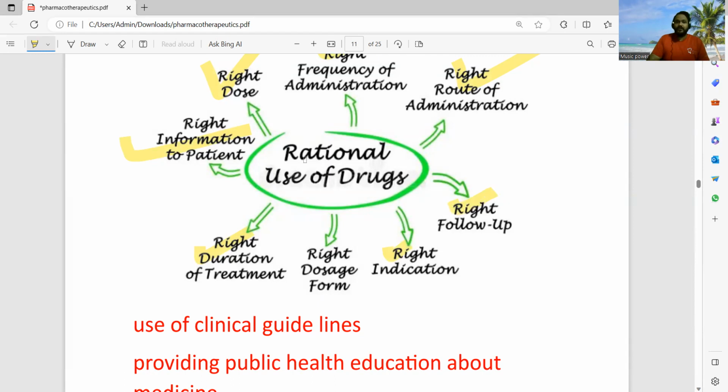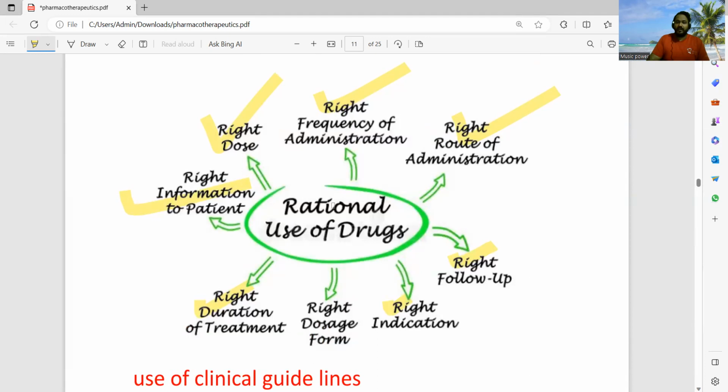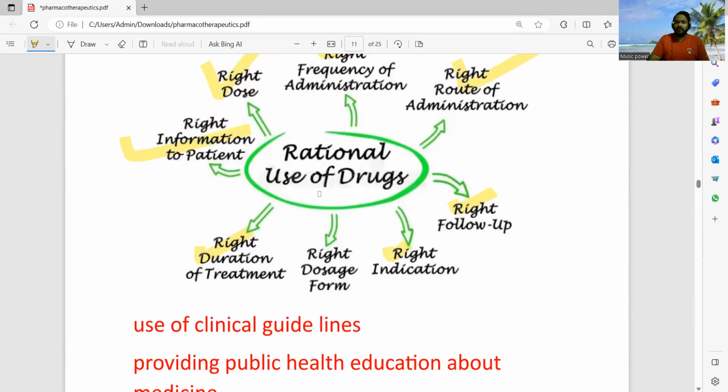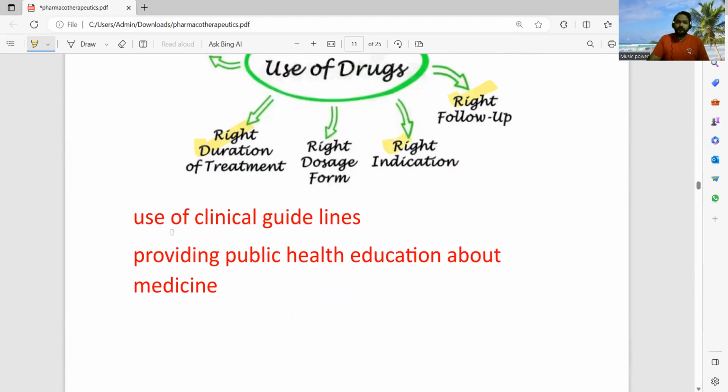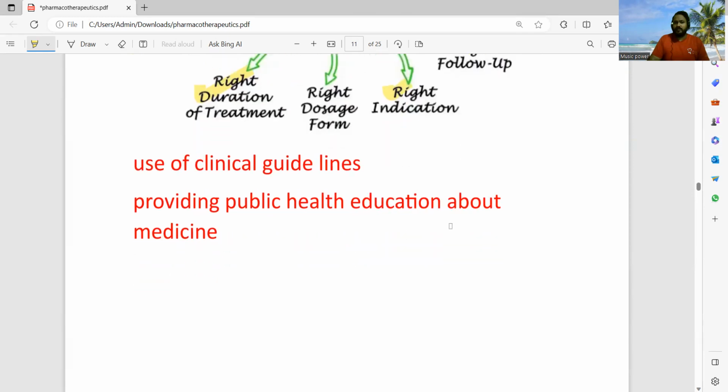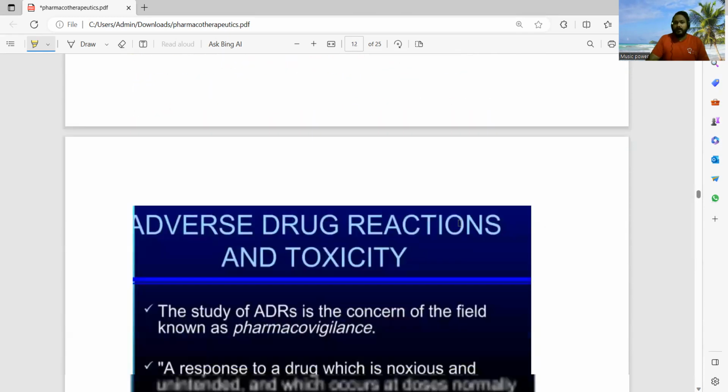These are the important points of rational use of medicines. Use of clinical guidelines is very important in clinical practice, along with providing public health education about medicines.